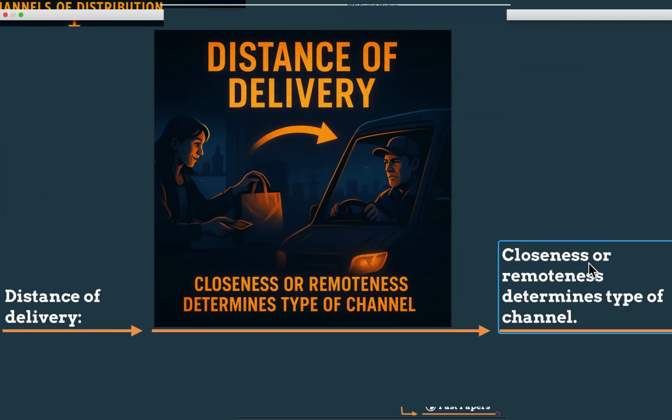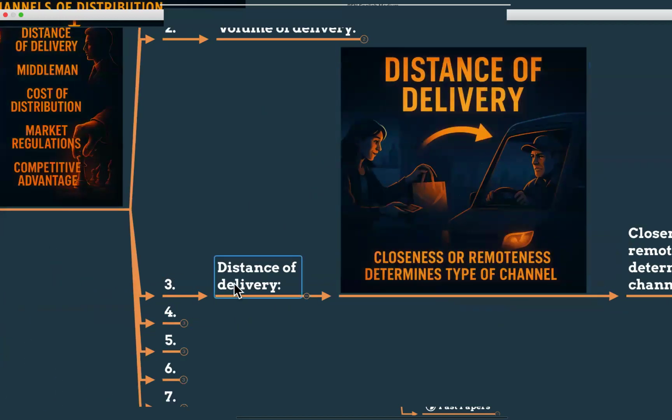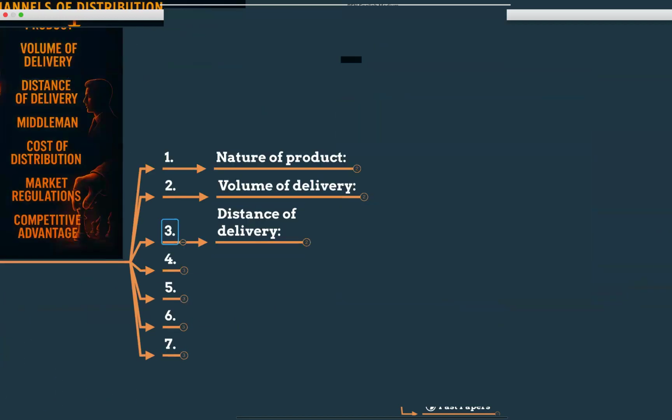But for distant markets, very far away, you need intermediaries. For example, Jaffna mangoes going to Colombo need a distribution network, right? So closeness or remoteness will determine the type of channel you have to choose. That's one of the important things.